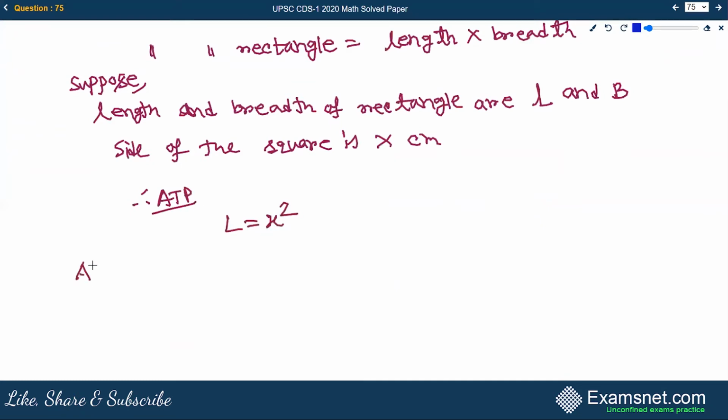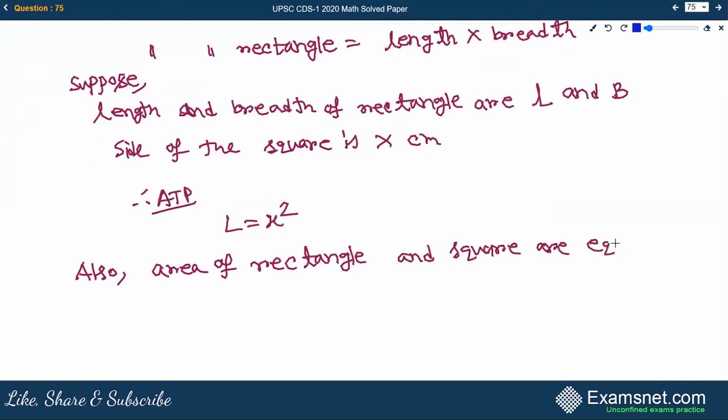Okay, also it is given that area of rectangle and square are equal, both are having same area, so L into B equals X square.